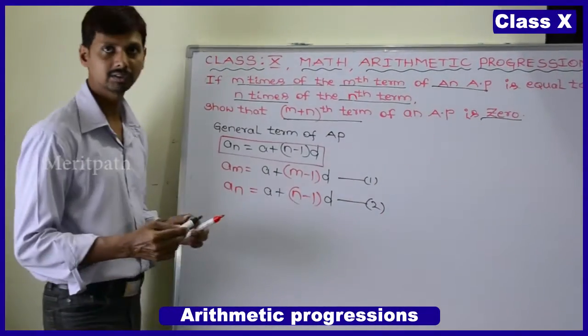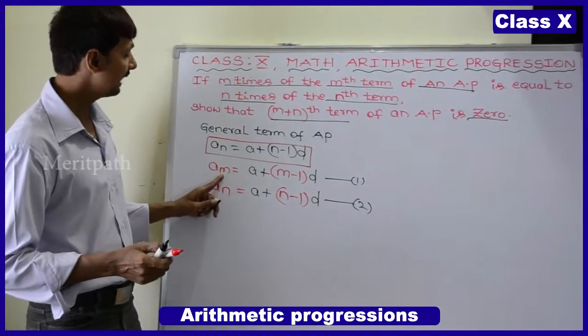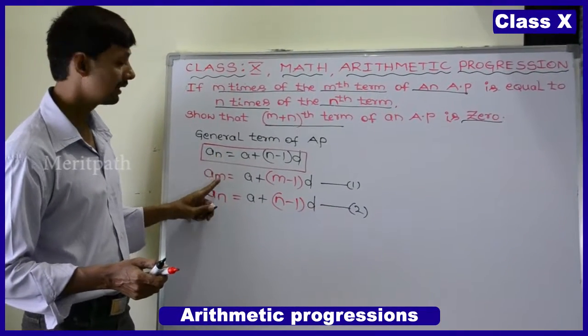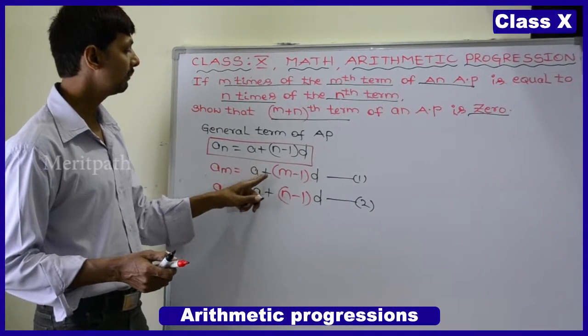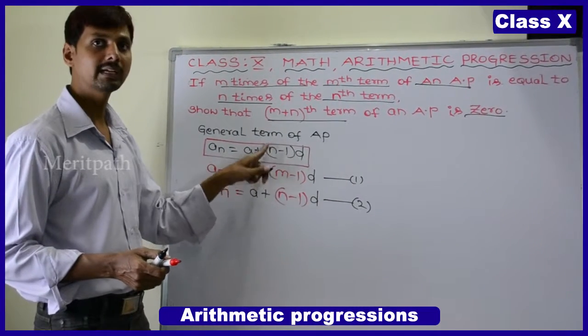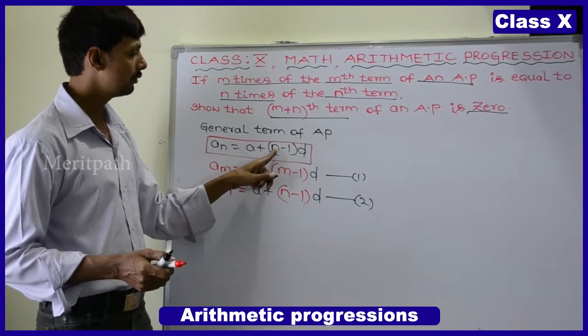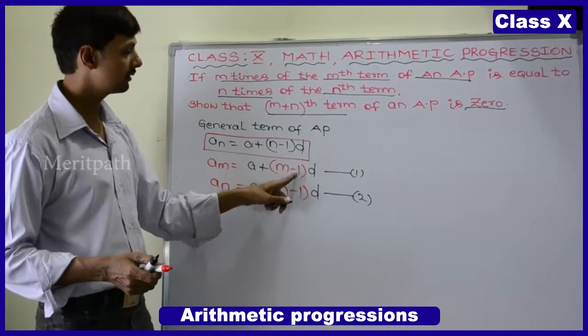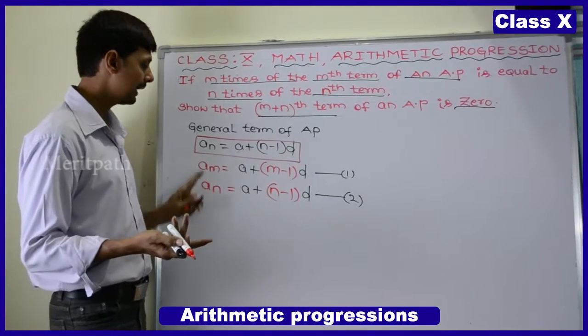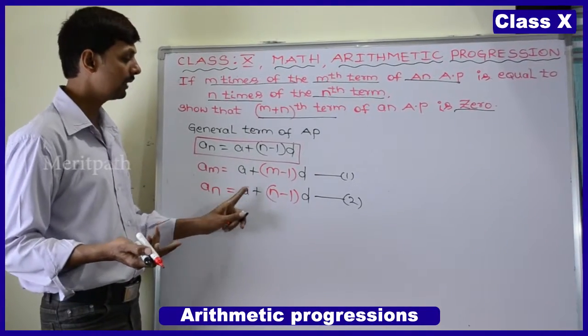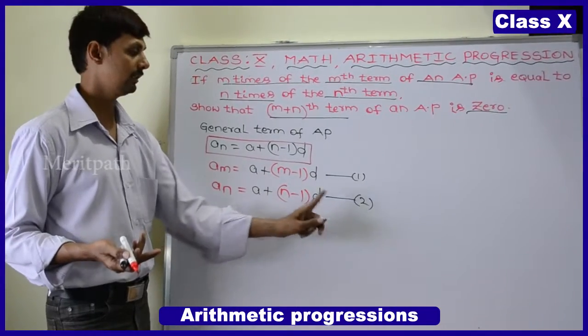Let us recall, in the nth term we write n in place of m, so it is a + (n-1)d. The nth term is nothing but the general term directly, a_n = a + (n-1)d.